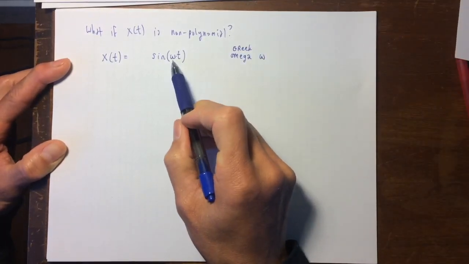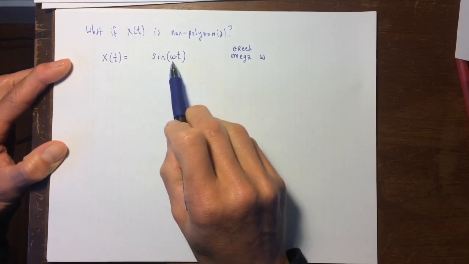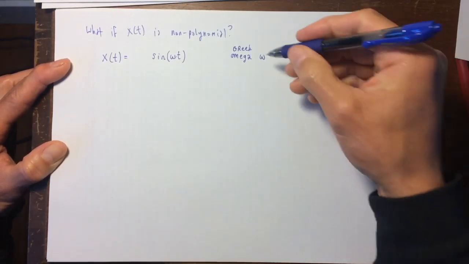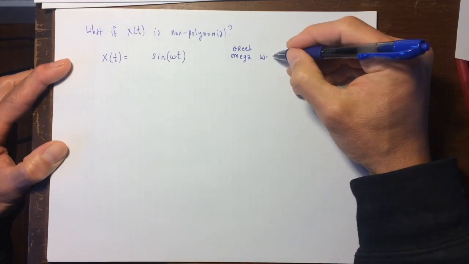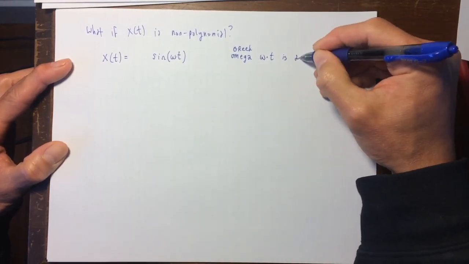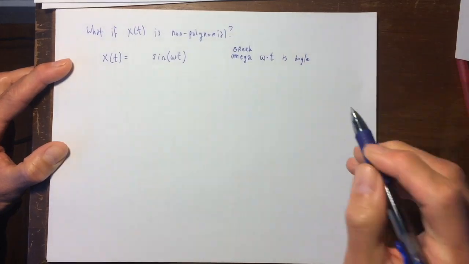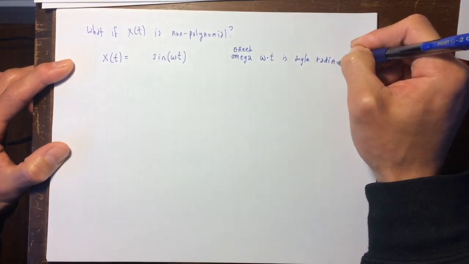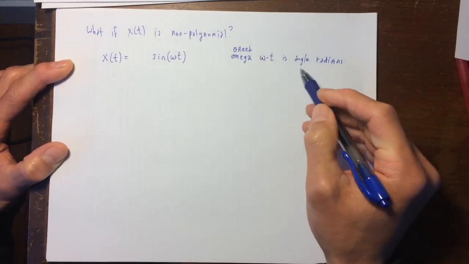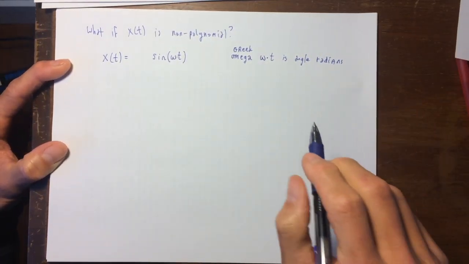And omega is, in our problem, going to be a constant. But because omega times t has to be an angle, I'm going to keep this angle in radians. So you're about to see some pi's.